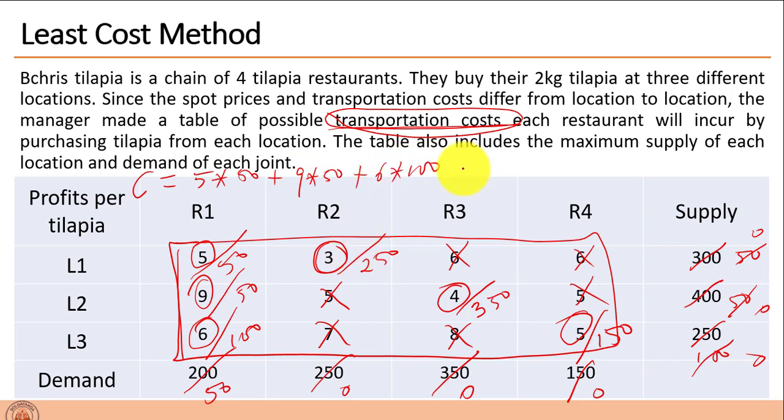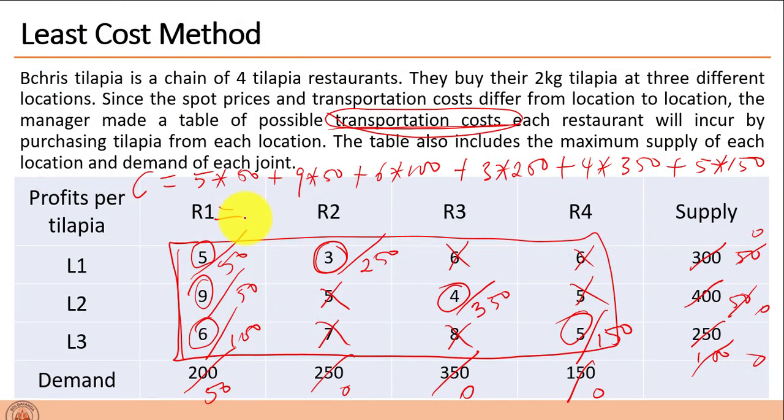Then the second column, plus 3 times 250, plus, we go to the fourth column, 4 times 350, plus, we go to the next column, 5 times 150. So the minimum cost according to my calculator is 4,150. If you're using this method, you pay a minimum cost of 4,150 Ghana cedis.